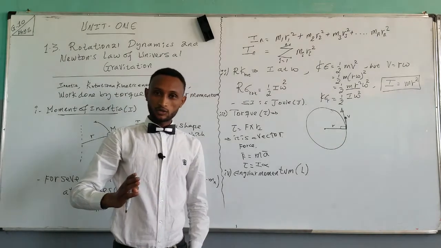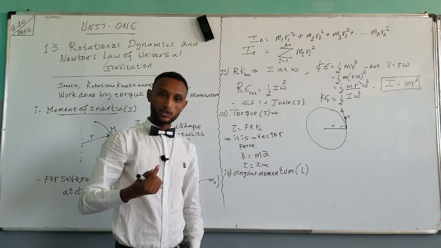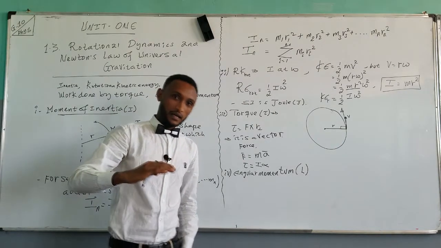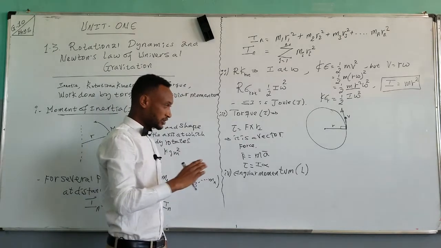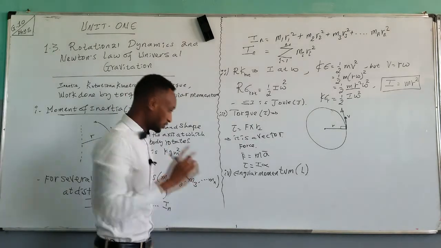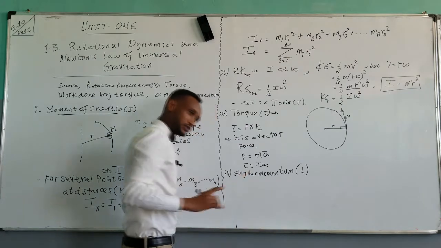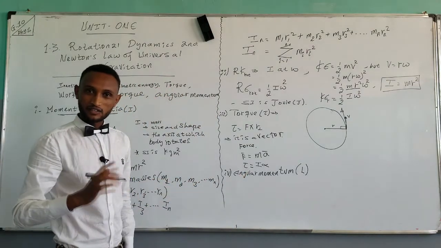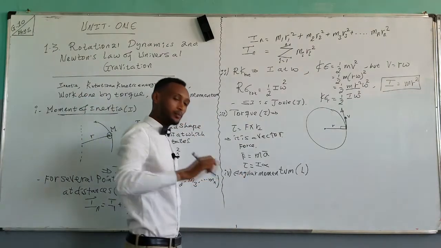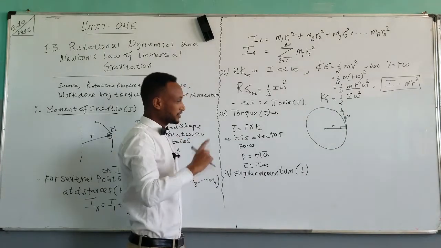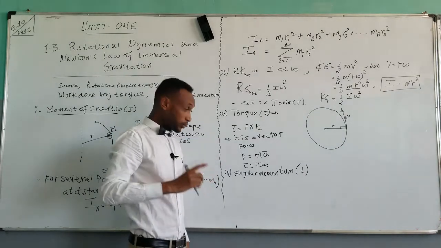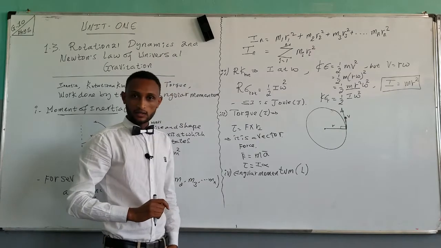When an unbalanced net torque acts on a body rotating on a curved path, it causes a change in the angular momentum of the body.